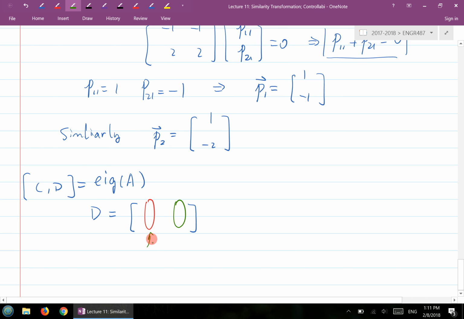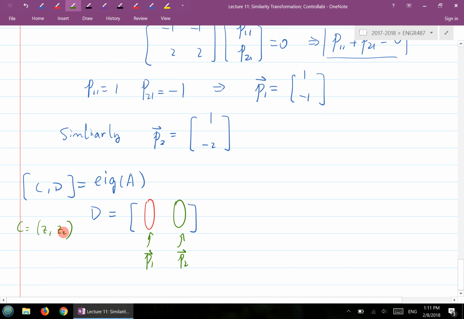The first column is P1, and the second column is P2. So you have to interpret the results from MATLAB appropriately.